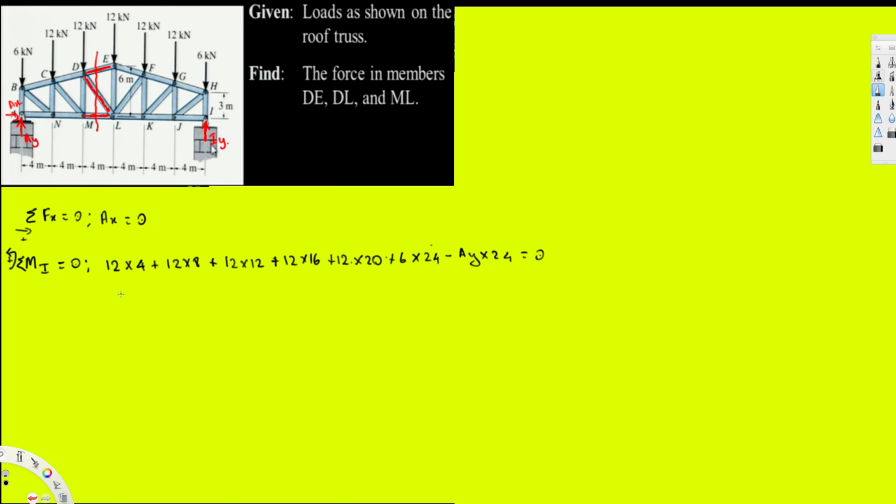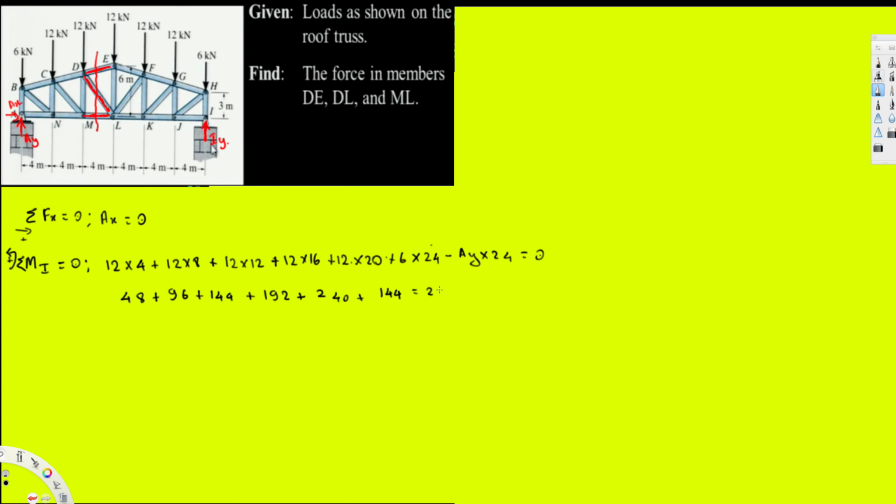If I calculate these values, this is 48, this is 96, this is 144, and this is 192, plus 240, plus 144. I can bring this to the other side.